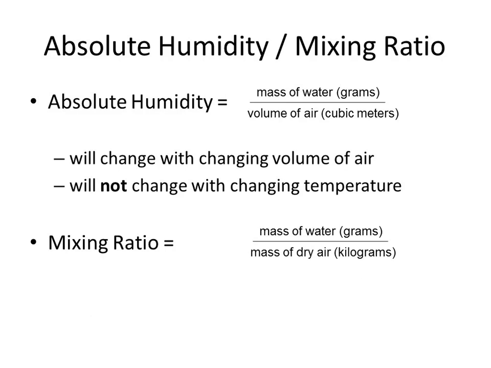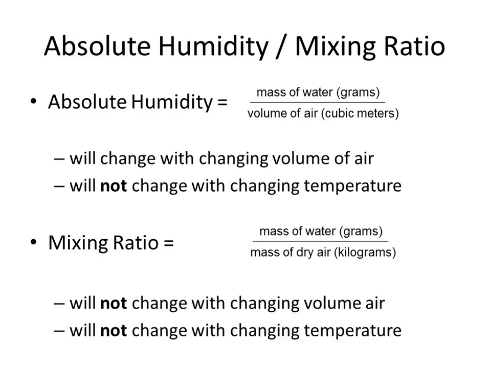And try to find the difference between absolute humidity and mixing ratio. What do they both have in common, and what's the difference? The mass, exactly. Over here, instead of taking volume of air, you take mass of dry air. But what do they have in common? Mass of the water.